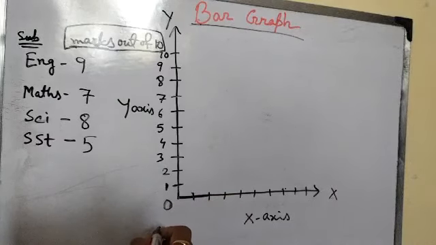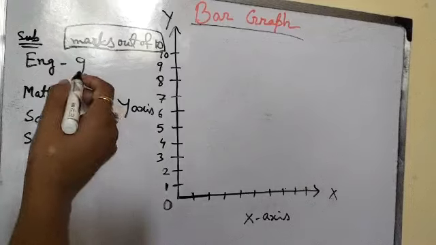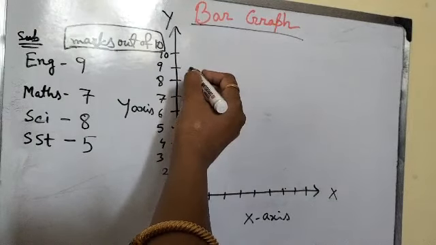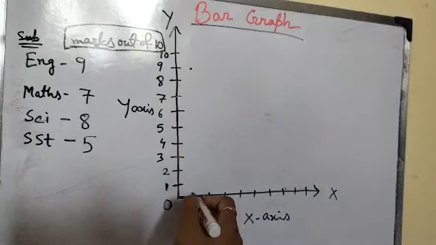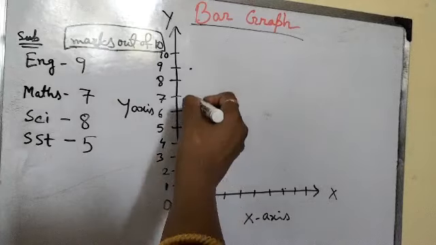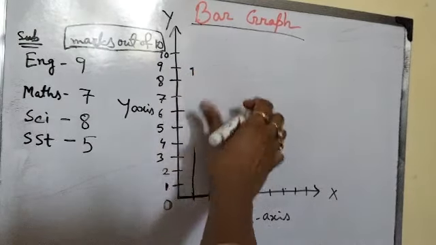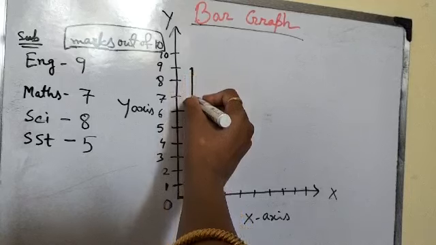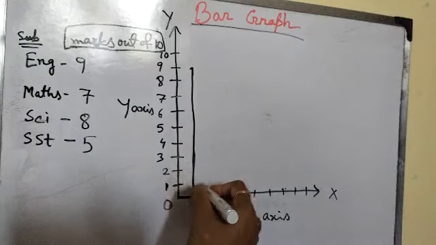So here I am drawing the bar, that means the first 9 is here. Here we have to take the measurement, that means you have to draw it by scale and pencil. This is 9.